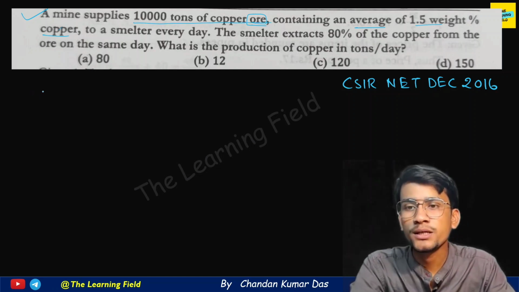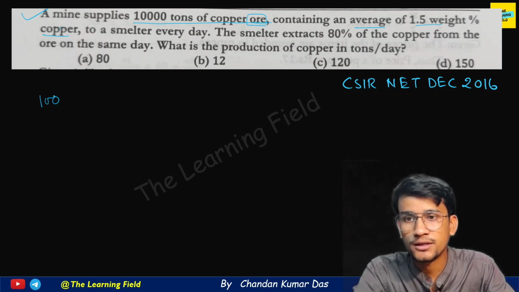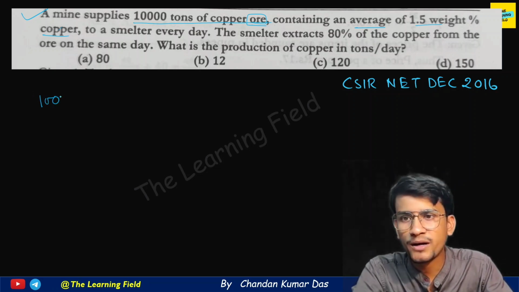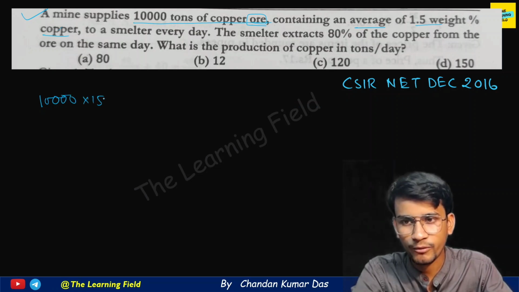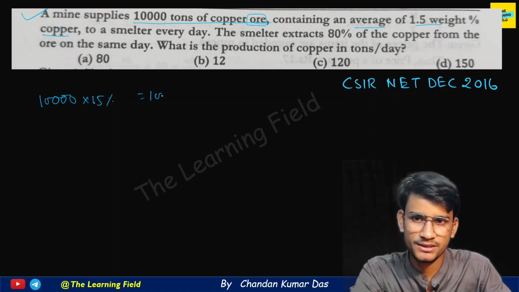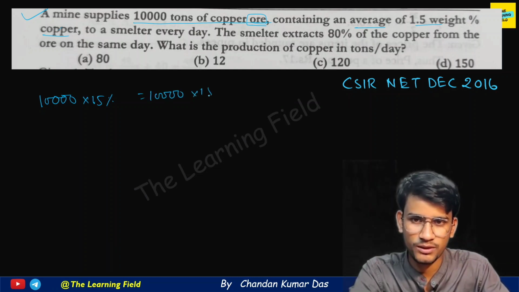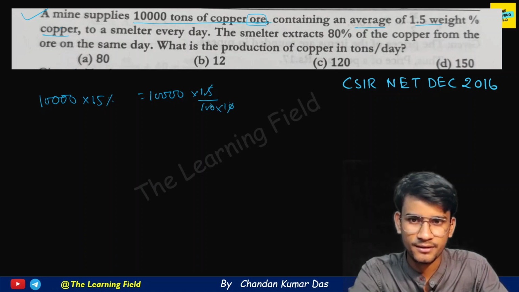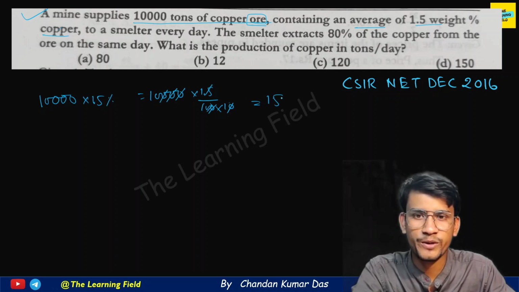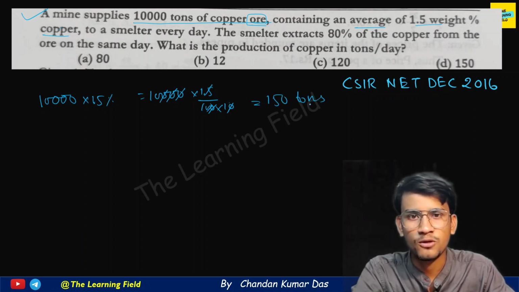So that means the copper value is 10,000 into 1.5%. So this means 10,000 into 1.5 by 100, which means 150 tons. 150 tons contains average copper.